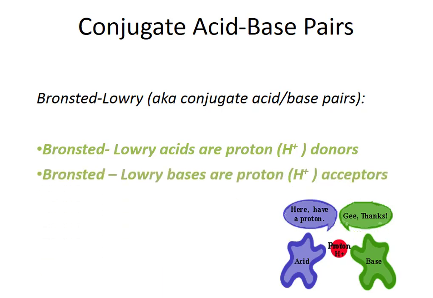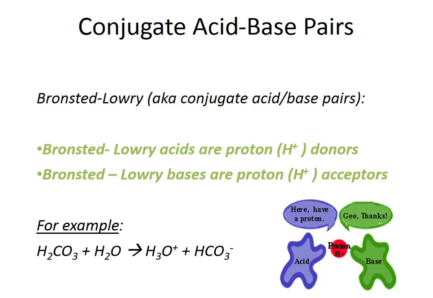If you're a base, you are an H plus acceptor. By accepting that piece, you're considered a base. For example, if you're looking at H2CO3 in water, the H2O was the acceptor, forming H3O, while H2CO3 was the donor.